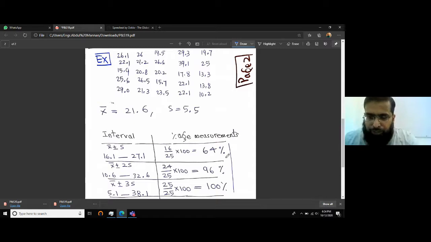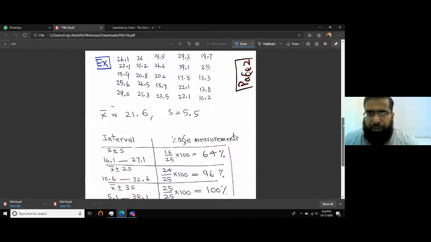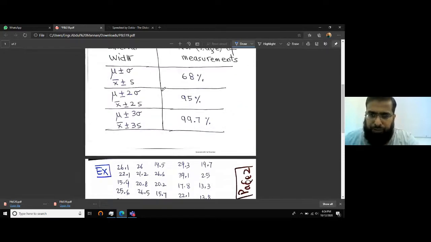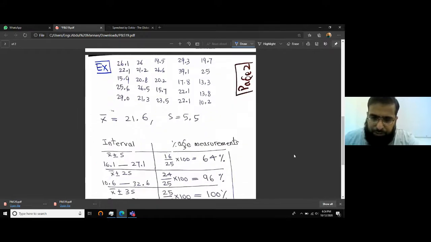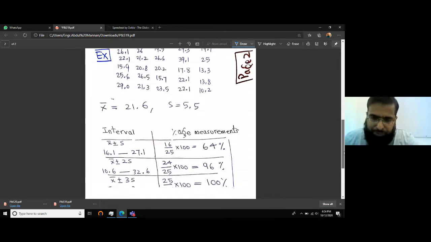So let's see why it is approximate, because in the first interval we are getting about 4% lesser measurements than we are expecting. We are expecting around 68%, but we are getting a percentage that is 4% smaller than what we were expecting.